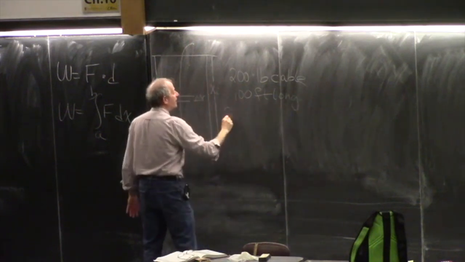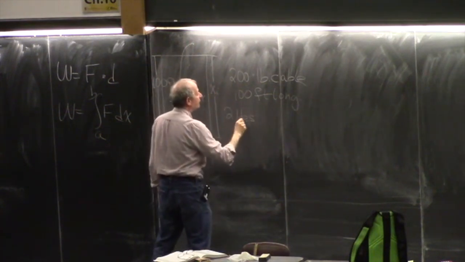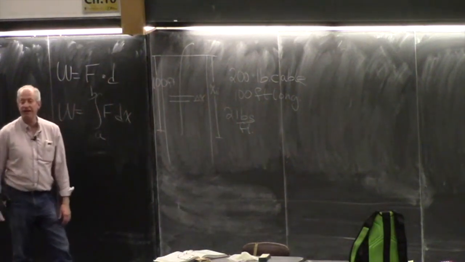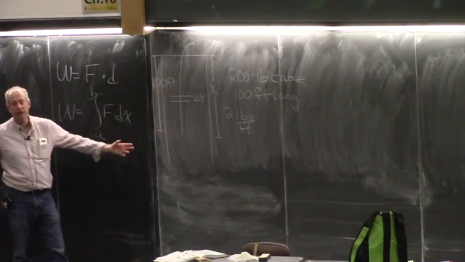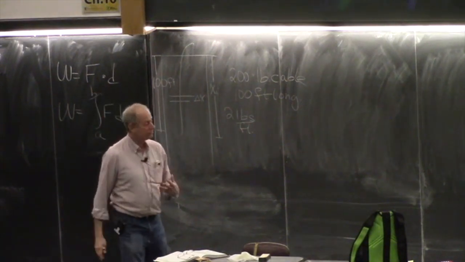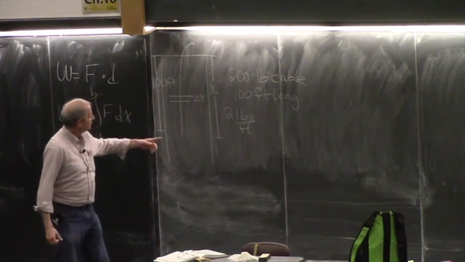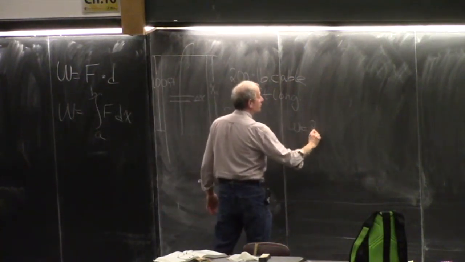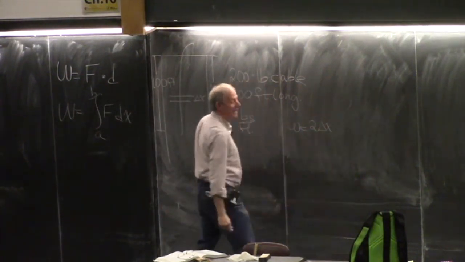So therefore it weighs 2 pounds per foot. That should make sense. You just divide it. It's 200 pounds worth of cable, and it's 100 feet long. So every foot of it weighs 2 pounds. So every delta x, the weight of the cable, is 2 delta x.